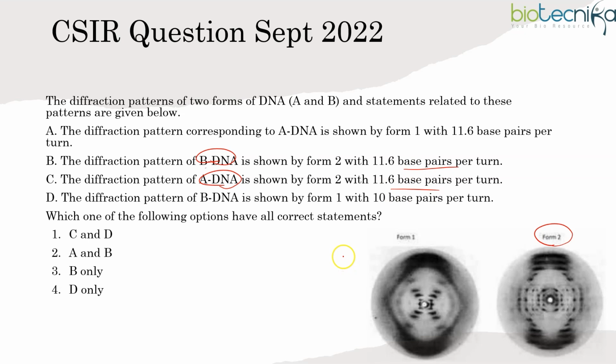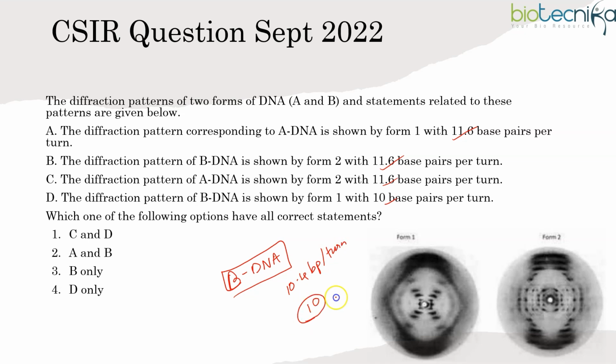All you need to know is how many base pairs per turn each contains. We all know the Watson-Crick pattern, which was the B DNA, contains around 10.4 base pairs per turn. However, we can roughly write that it has 10 base pairs per turn. So we know for B DNA it has to be 10. That means D should be the correct answer.